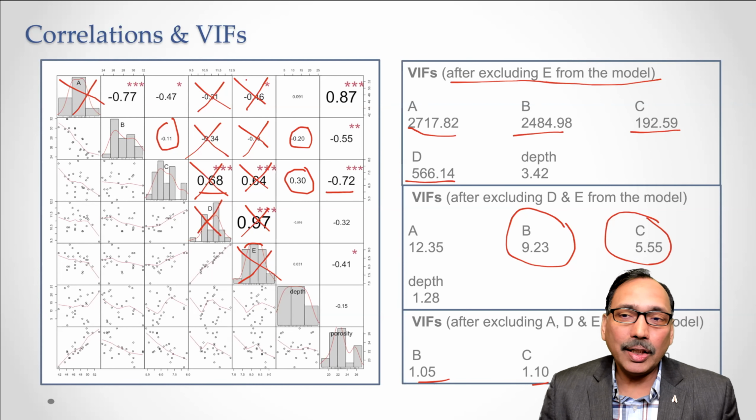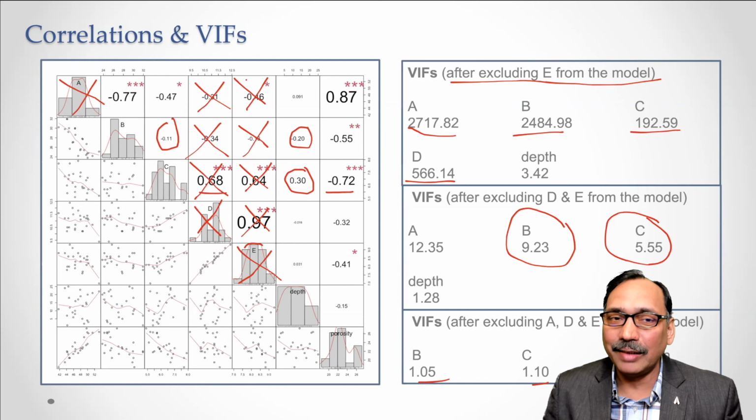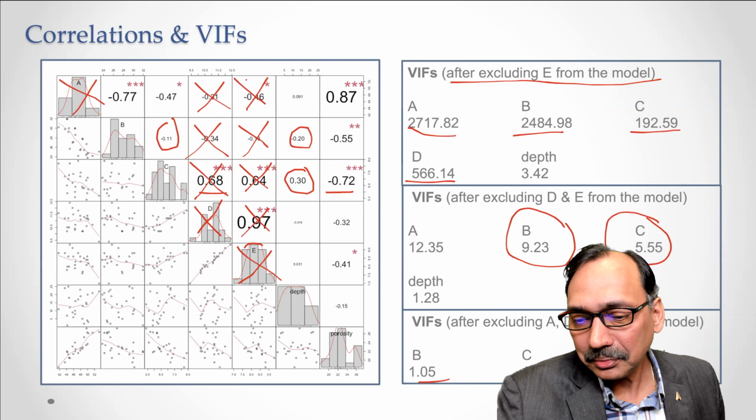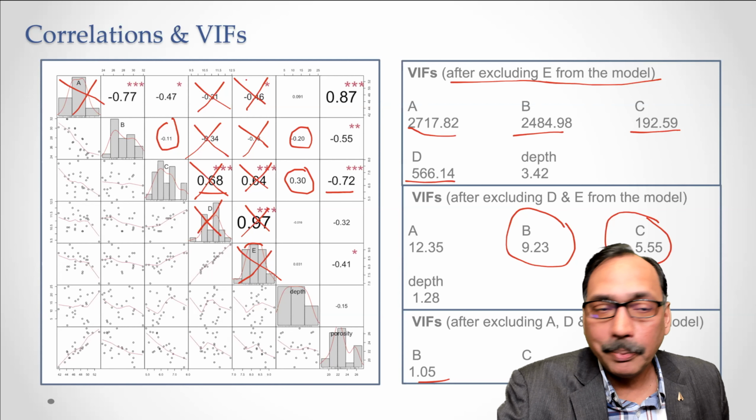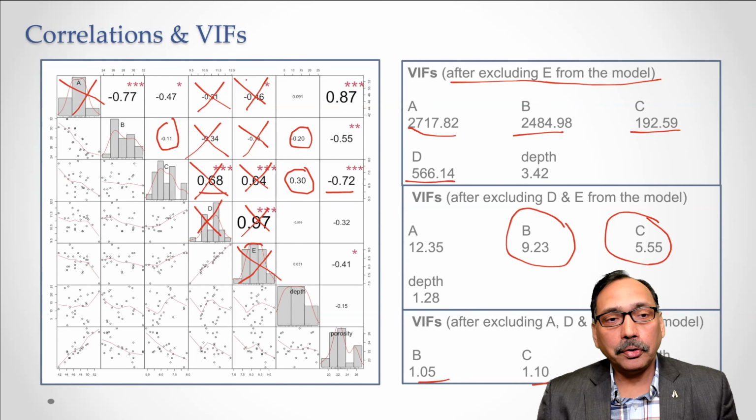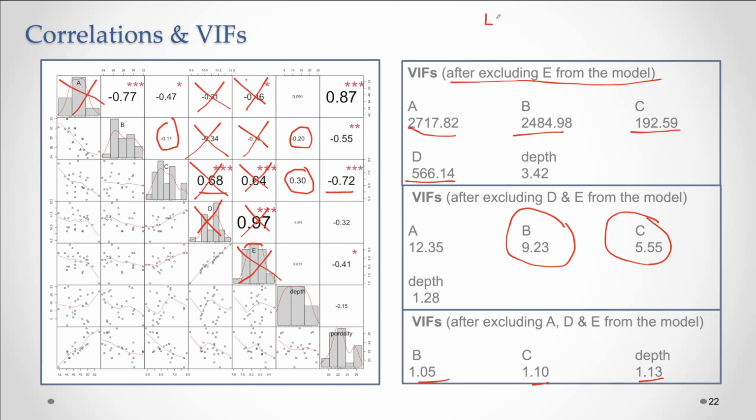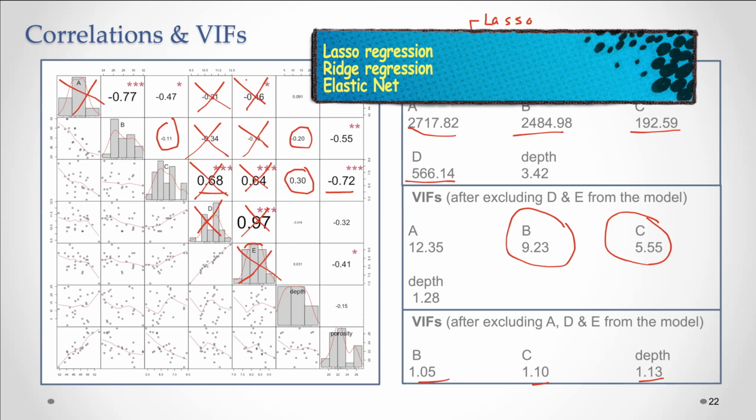But when you have a lot of variables, we have to go with some other methods, more of machine learning kind of methods, where it can be automated. You could use lasso regression, or a related method is called ridge regression, or a combination of the two, elastic net.